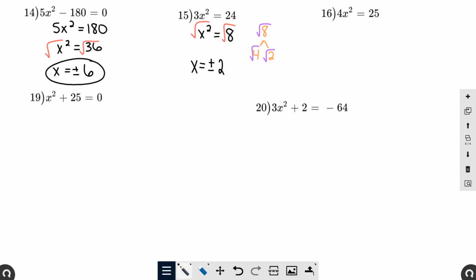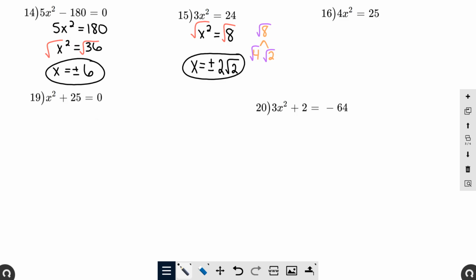Can I take the square root of 2? No. I just leave it. And that is my answer. So just a little shortcut of what we did in Math 2. If you find that biggest perfect square that goes into that number, it makes simplifying it a little bit easier. So we end up with 2 square root 2.